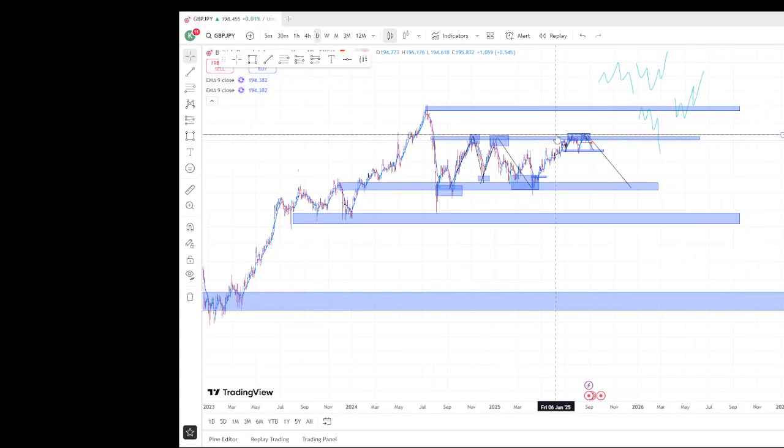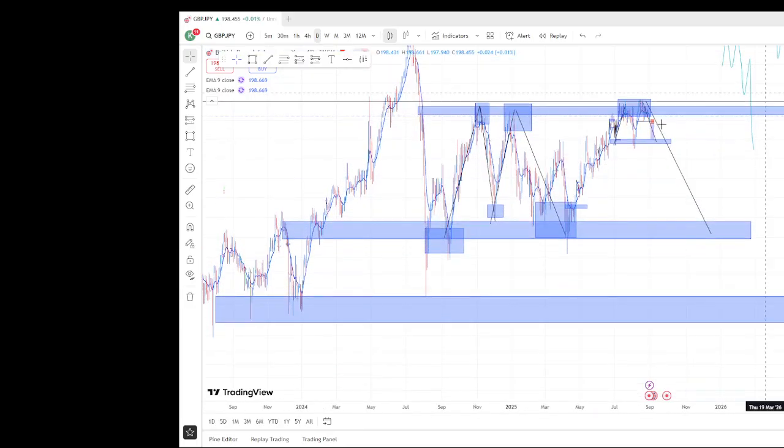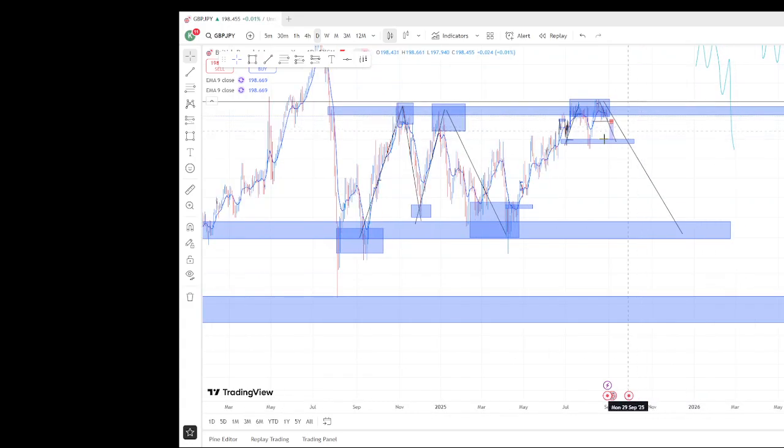So that is just some of the analysis of GBP JPY. As I said before, on the day chart, it is in a consolidated state, literally sitting on its resistance, so making a double top.